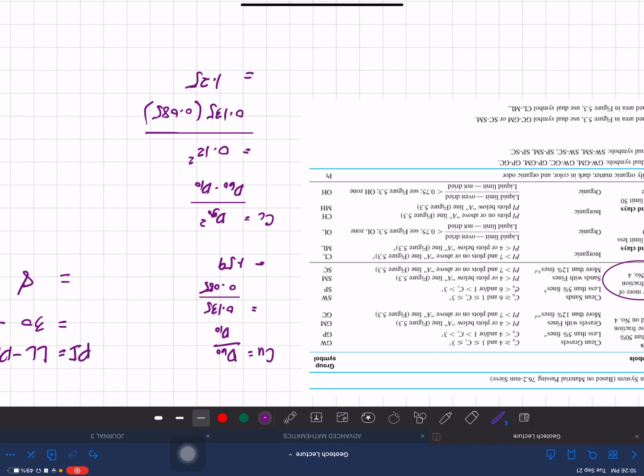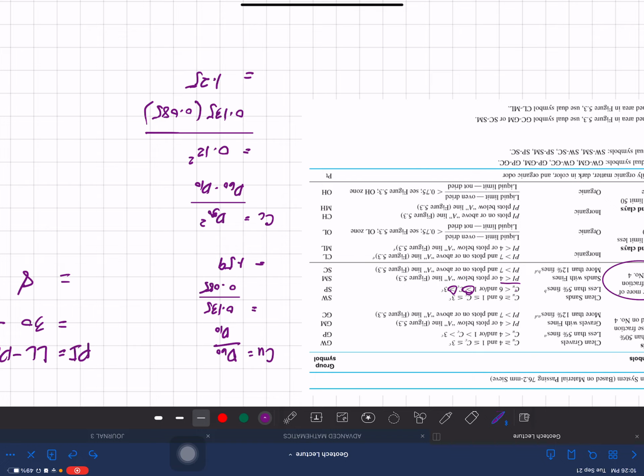Okay. Let's see yung CU natin. So, our CU is actually equal to 1.59. Saan magpo-fall ito? Your CU is less than 6. So, dyan siya magpo-fall. How about the CC? Yung CC natin is 1.25 and that is actually, guys, napagbaliktad lang to ha, it should be ganyan yan.